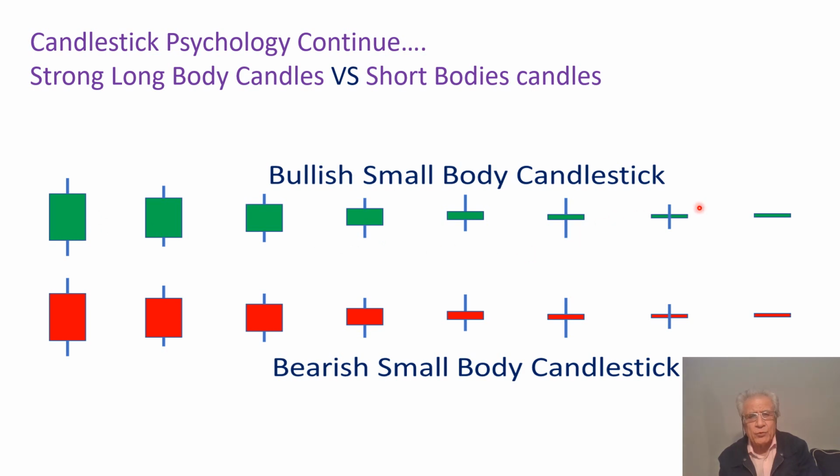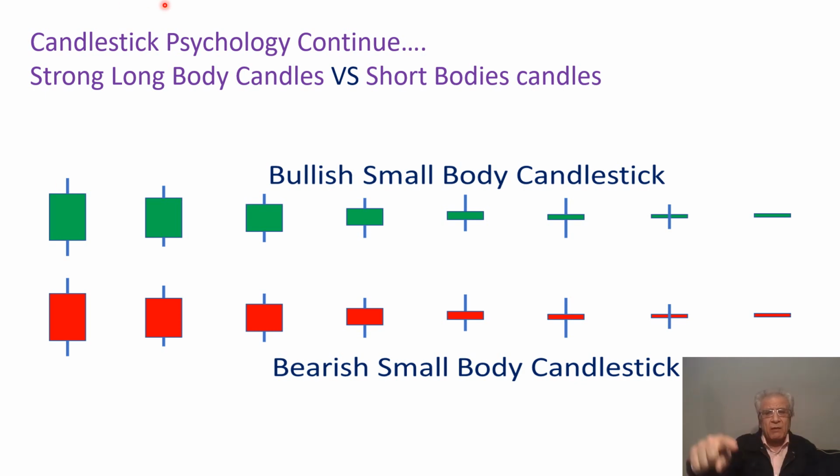In this graph, you see a series of small body bullish candles and small body bearish candlesticks. Now, shorter bullish or bearish candlesticks indicate little price movement. The price doesn't move that much and represents consolidation.